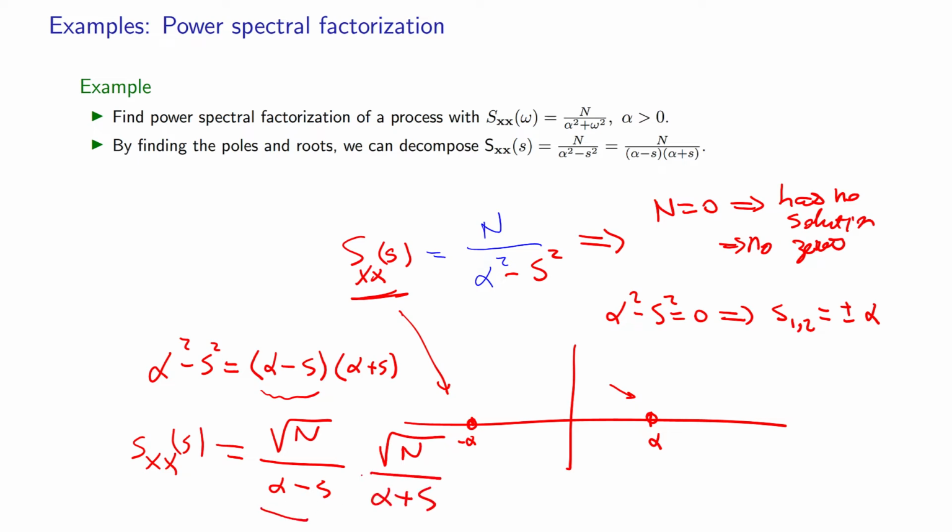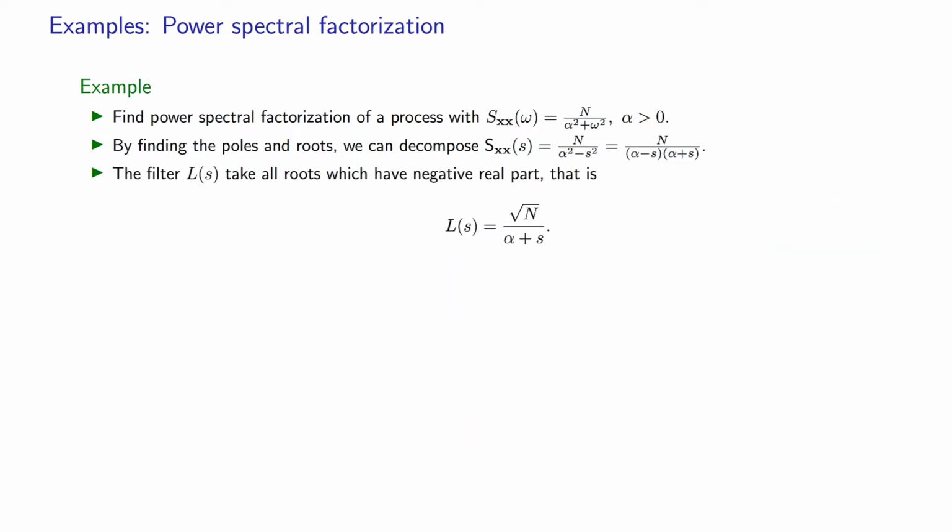One of these two functions is equal to L of s, the other is equal to L of minus s. So which one is the minimum phase? The one which has the pole in the left half plane is minimum phase. So this is L of s. So from here you get that your L of s is given by this filter, and this is a representation of a first order low pass filter.